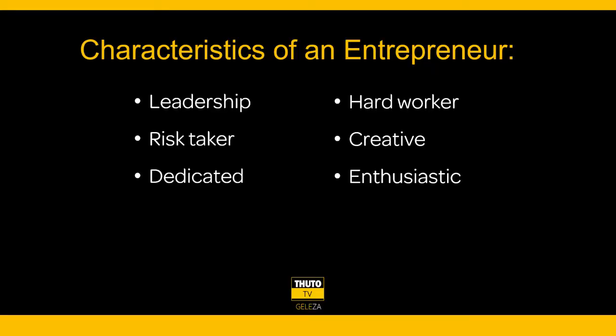So, some of the things that I've noticed about entrepreneurs through research are an entrepreneur is a leader. And I know you guys at home, you guys are leaders. An entrepreneur is a risk taker. And that's you. Entrepreneurs are dedicated. And they are hard workers.